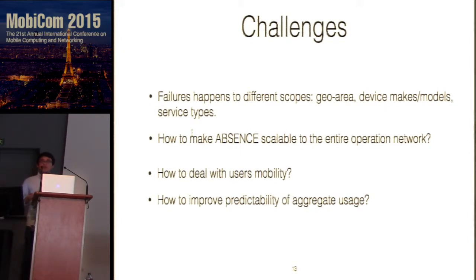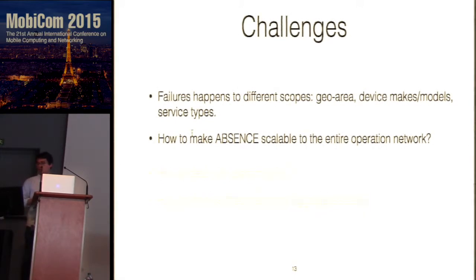And given that we have a very large network with multiple dimensions to monitor, how can we scale the system? And how can we deal with user mobility in a mobile environment, because users are moving? And how can we improve predictability of the usage for better anomaly detection? So in this talk, I will focus on the first point and touch a little bit on the second point, and the other 2 points you can find in the paper.